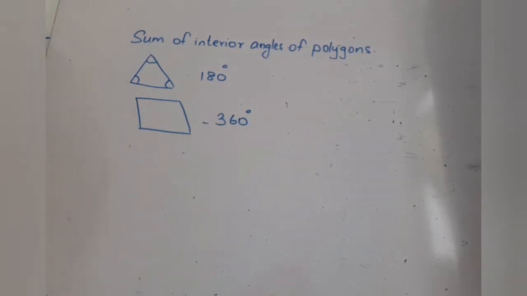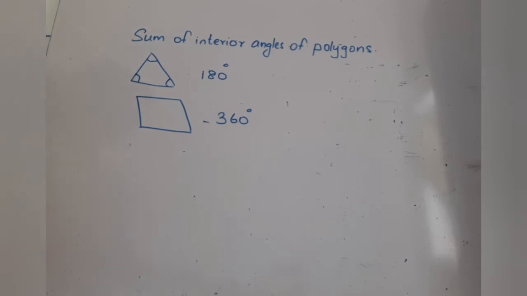We are going to learn this for other types of polygons as well. We have a method to find the sum of interior angles of polygons. Let us look at it now.